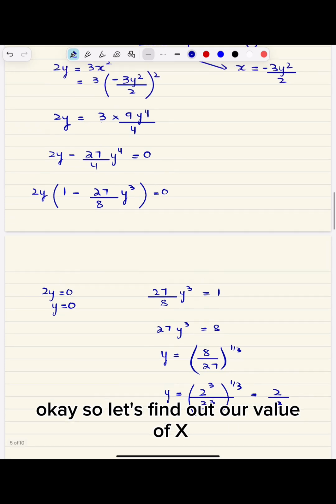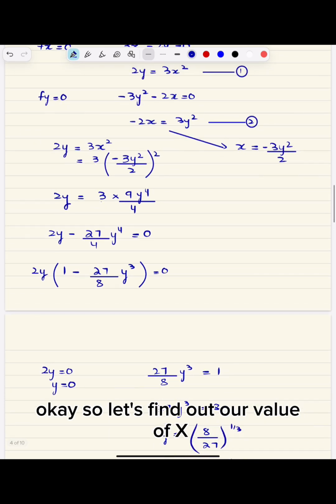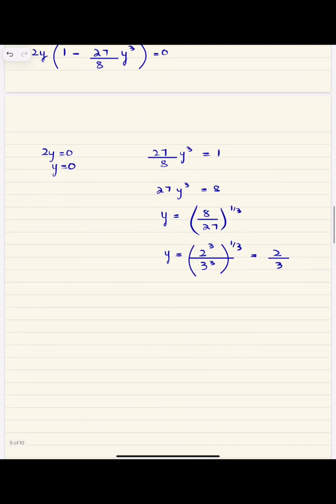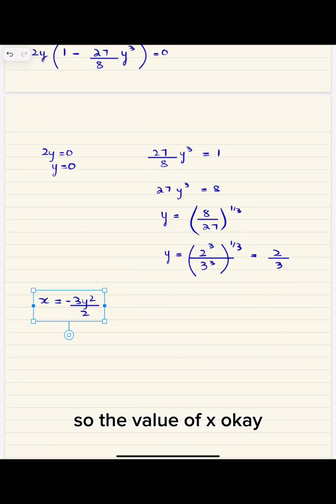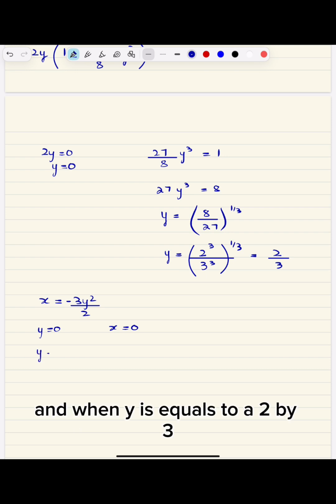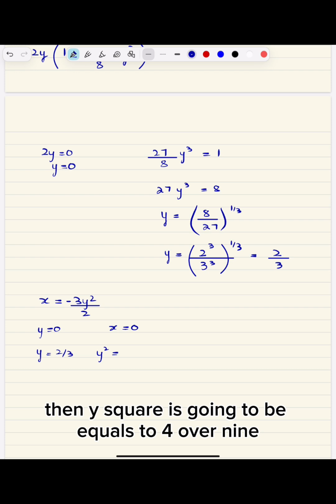Let's find our value of x. When y equals 0, x is going to be 0. And when y equals 2 by 3, then y square is going to be 4 over 9.